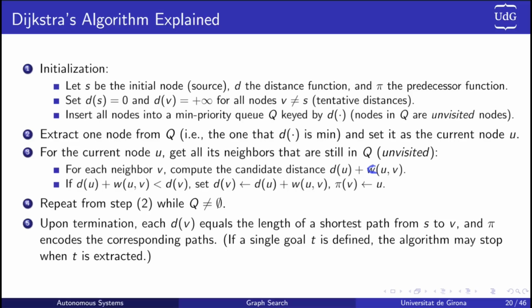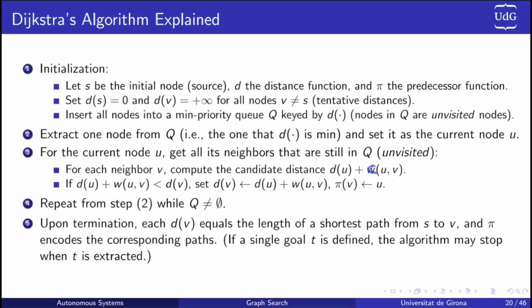Then, if this cost that we have computed here is smaller than the current cost of reaching node B, of reaching this neighbor, then we just update two things.